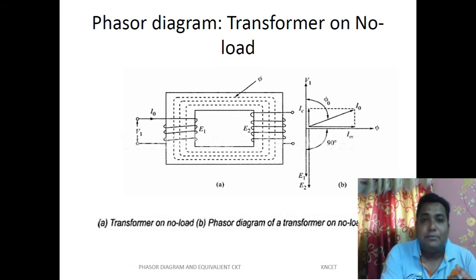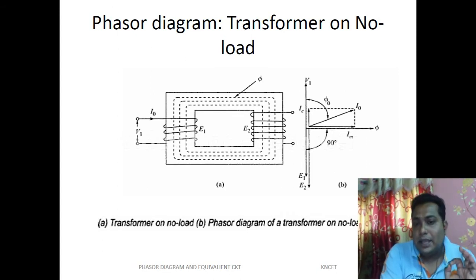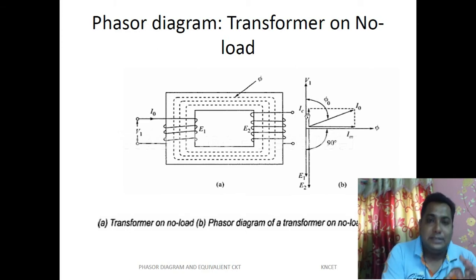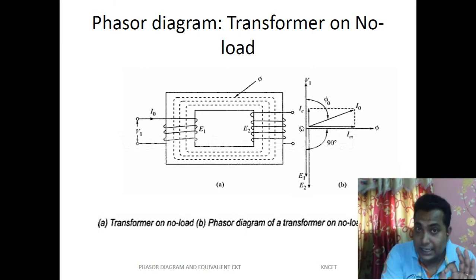They may have an amplitude difference, but they are in the same phase. So this voltage and the resistive current are on the same axis. That's why we draw this IC current over the V1 axis. Clear? As it is a resistive current, it is drawn over the V1 axis.